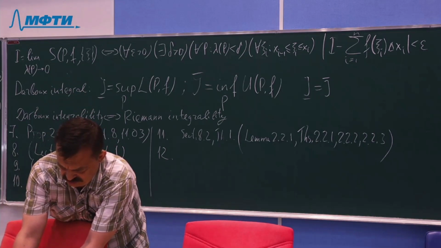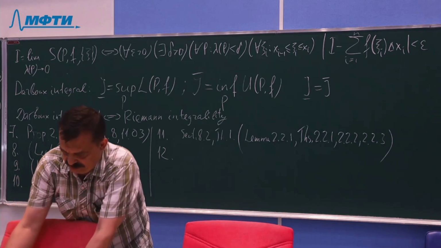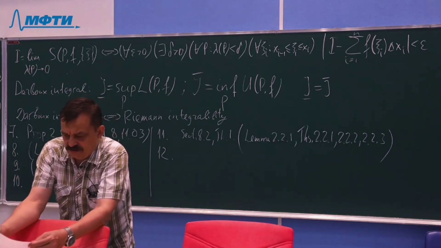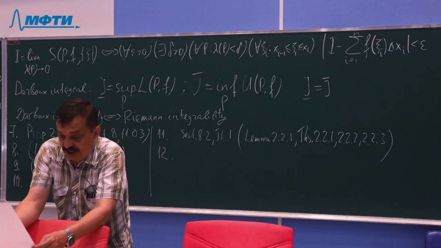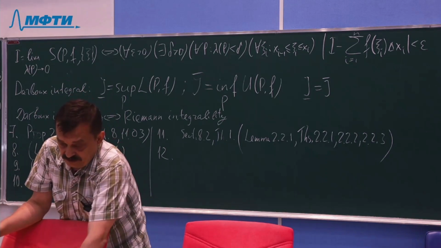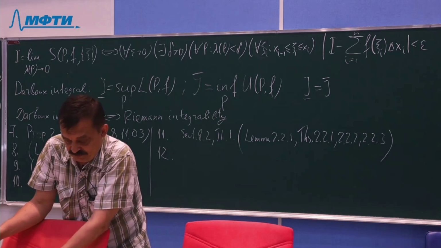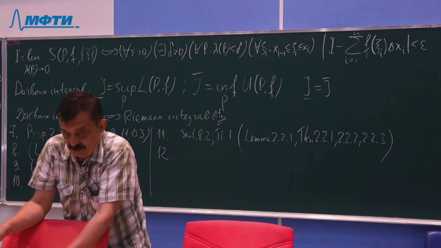Where is it? I didn't give it. Yeah, I give it, yeah. It is given in very general form and the proof refers to a theorem which was given without proof.